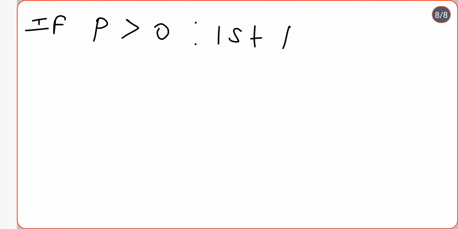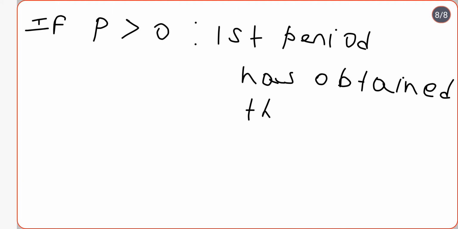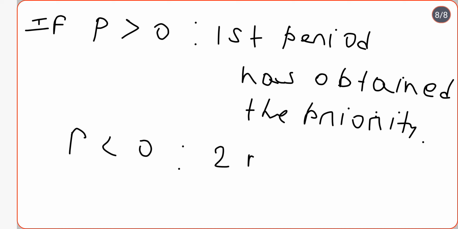So the concept is, if rho is greater than 0, the first period is given the priority. First period has obtained the priority. And if rho is less than 0, then the second period has obtained the priority.